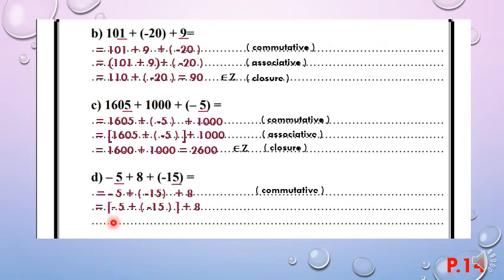So, open brackets, negative 5 plus negative 15, close the brackets, plus 8. And the name of the property is associative. Equals, I'm going to find the result of the brackets, which is equal negative 20 plus 8 equals negative 12. This final result belongs to Z, that is closure.